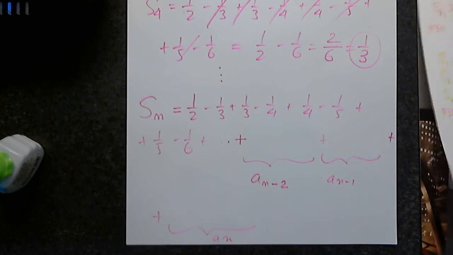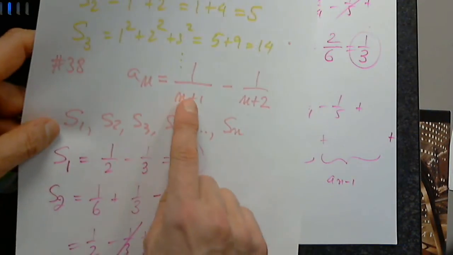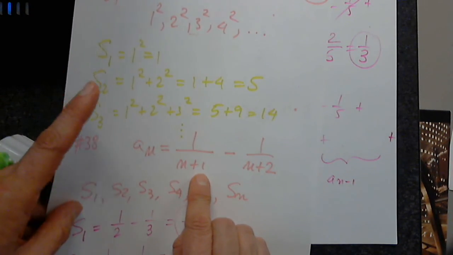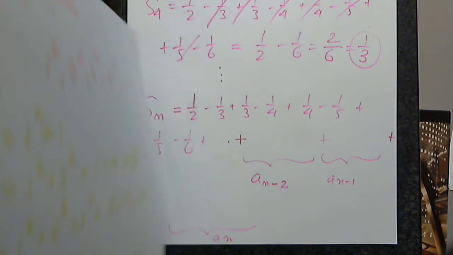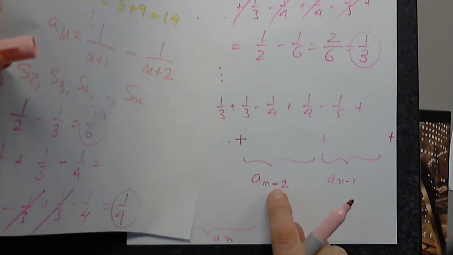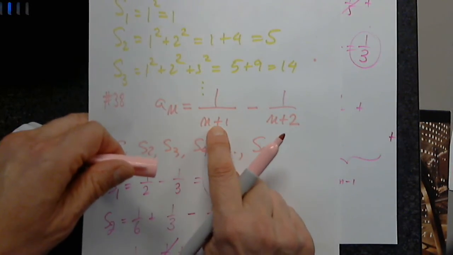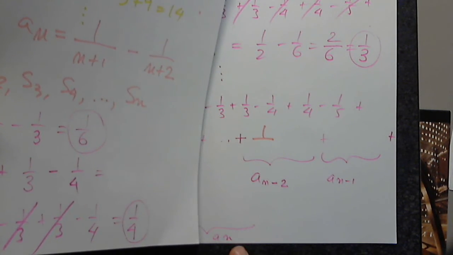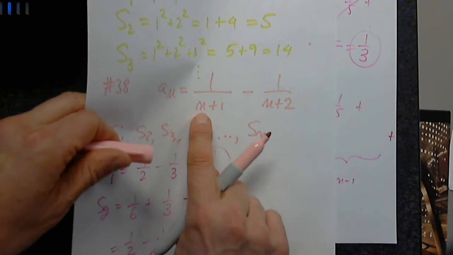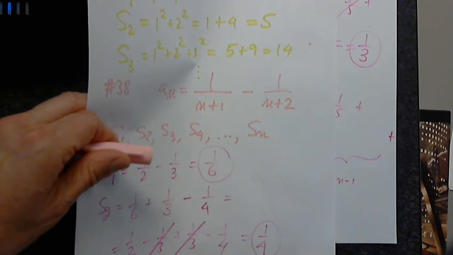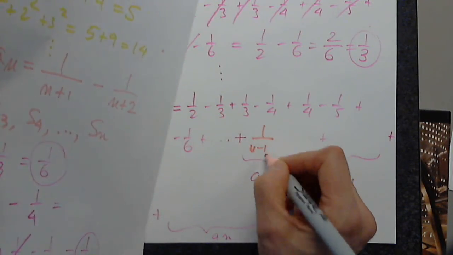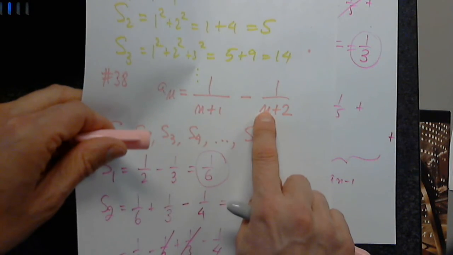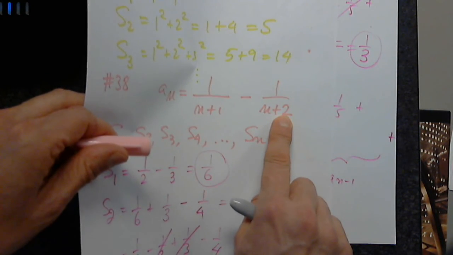Perfect. So now, using the formula, I plug in n minus 2. N minus 2 plus 1 is n minus 1, so 1 over n minus 1 minus 1 over n minus 2 plus 2.